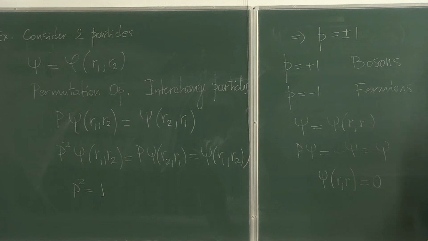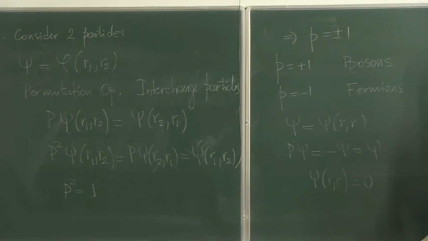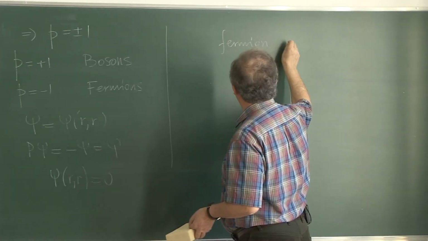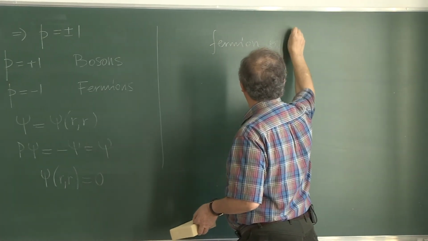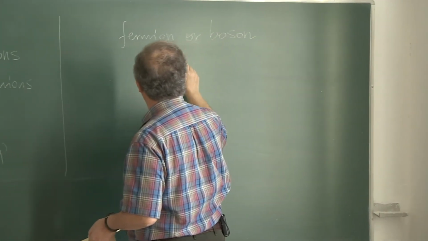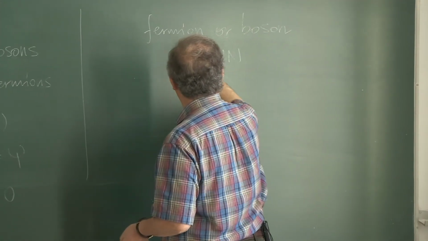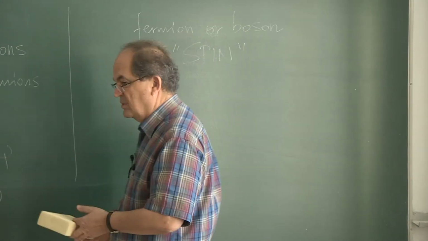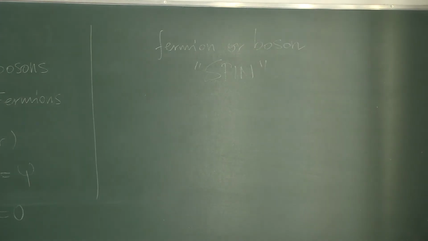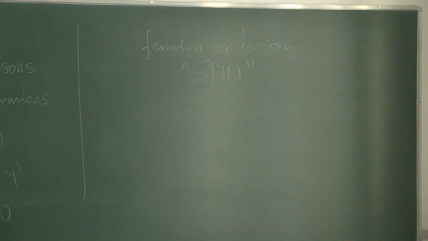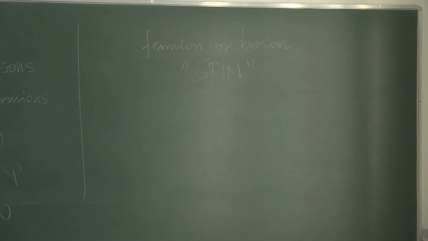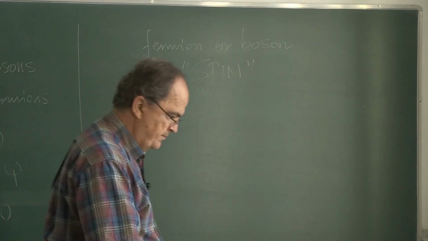So, fermion or boson depends on the spin. Spin determines the statistics, in other words. There is a deep relationship between spin of the particle and the statistics they obey.